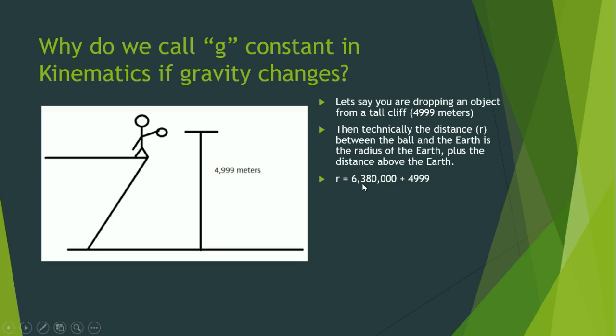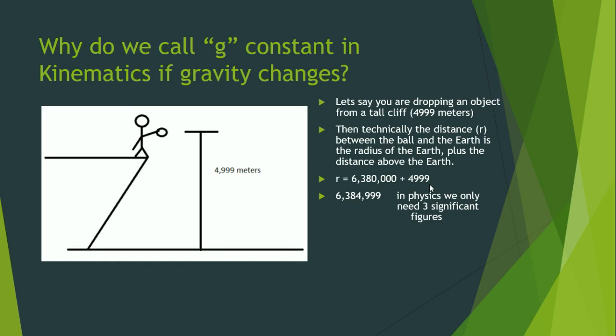plus the 4,999 meters. And so if we add that together, we would get 6,384,999. And so in physics, notice that usually we only write three significant figures.